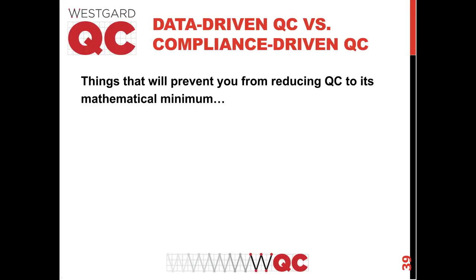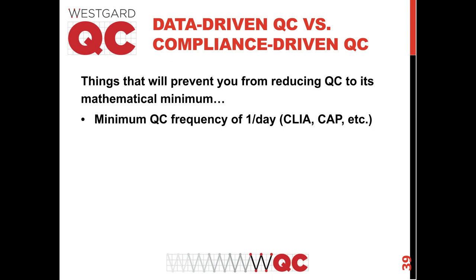And this brings me to our things that will also force you to run QC maybe more than you needed to mathematically. Even if we find out you could run QC only once per 1,000, but if you only run 300 in a day, and then when the next day starts, the clock starts over and CLIA says you've got to run QC once a day.